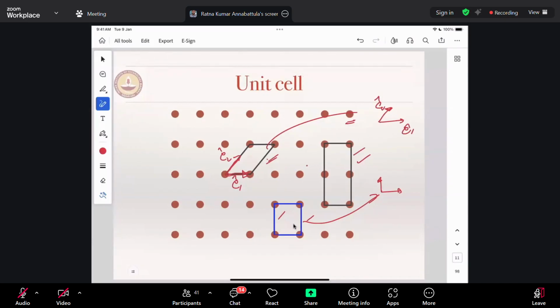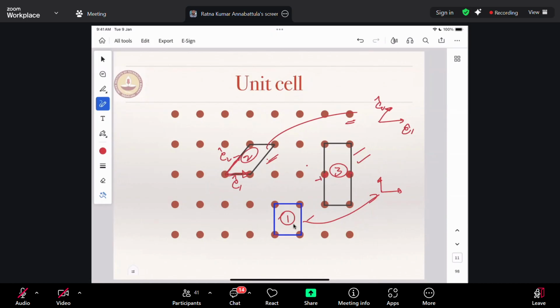But if you carefully observe, among these, which ones are the primitive unit cells and which one is not a primitive unit cell? So let us call this 1, so blue, 2, okay, and 3. Sir, 1 and 2 are primitive, whereas 3 is non-primitive. 3 is non-primitive because this one is shared by 2 of them.